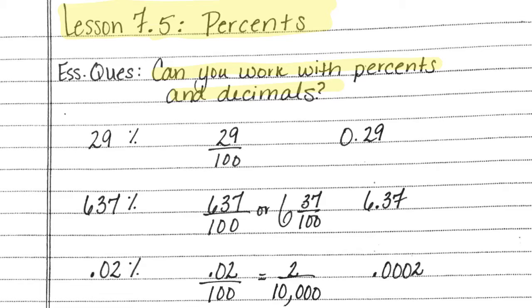So remember that 29% is the same thing as 29 over 100, which is the same thing as 0.29. 637% is 637 over 100, or 6 and 37 over 100, and the decimal is 6.37. 0.02% is 0.02 over 100, which is equivalent to 2 over 10,000, which is the same thing as 0.0002.